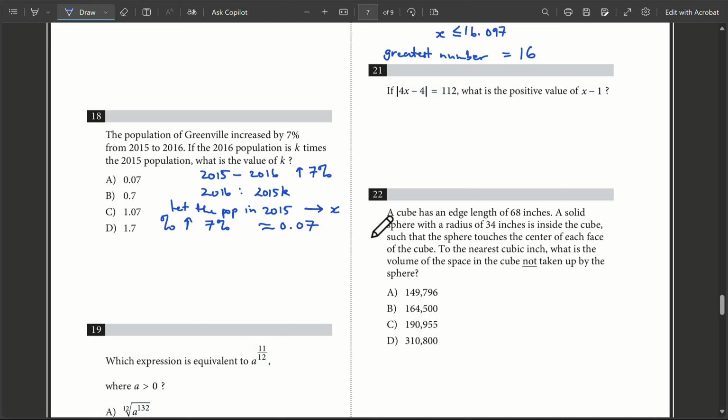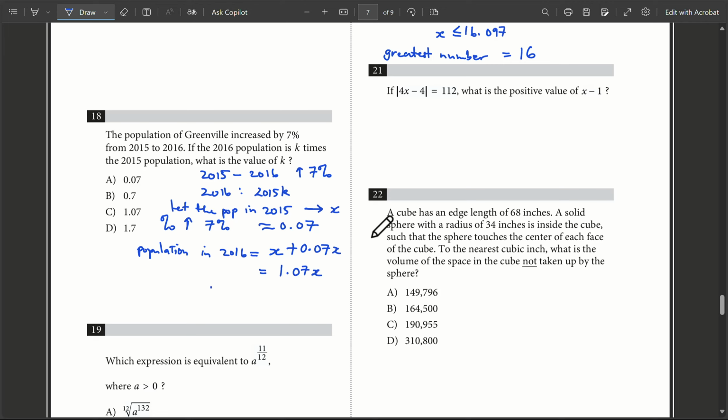So now the population in 2016 is equal to x, which is the population in 2015, plus the increment 0.07x, which gives us 1.07x.